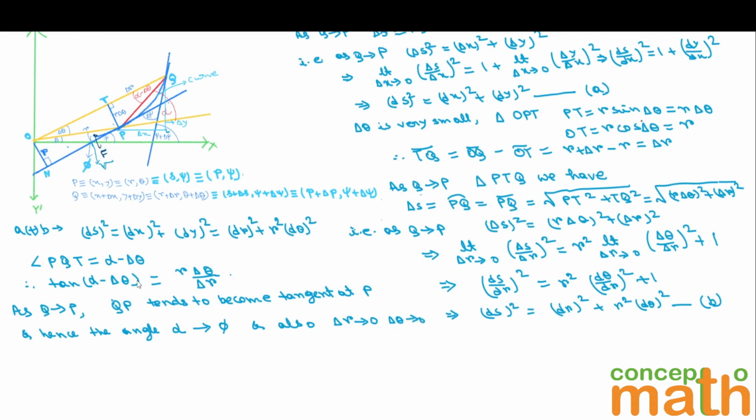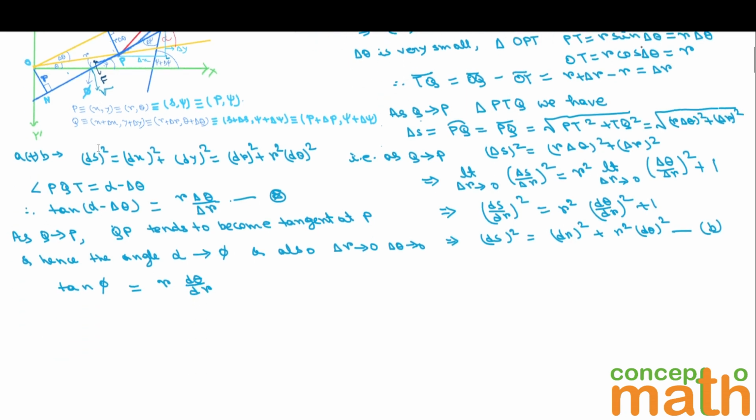So the above equation star reduces to tan phi is equal to r dθ/dr. Call this equation number 1. It will be used here.